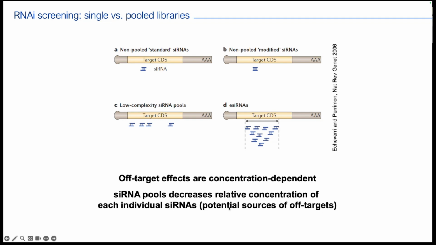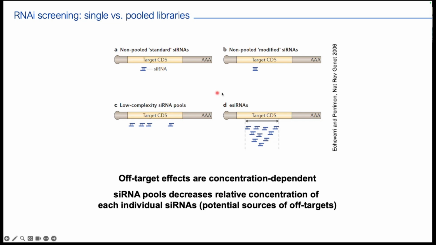The more of the RNA you have, the more likely it is to bind to the specific sequence, but also to produce an off-target. So if you design a pool of sRNAs targeting the same gene, the same coding sequence, you are keeping the amount of sequences that are on target, but because each of these sequences will be diluted, the off-targets will be diluted. So you are keeping the on-target and decreasing the off-target, right?